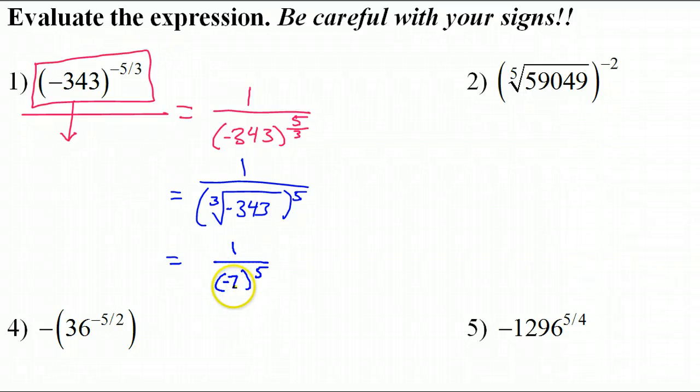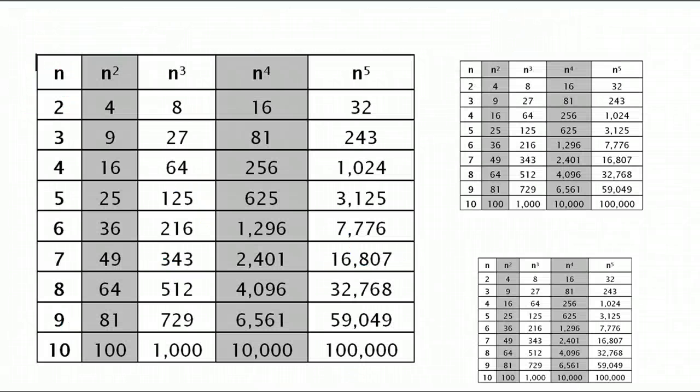So now I just need to do negative 7 to the 5th power. Don't leave it like this when you have a table. When you have an odd power, a negative number will stay negative. So I know this is just going to be negative something. So just a matter of what 7 to the 5th power is. So 7 to the 5th power is 16,807.